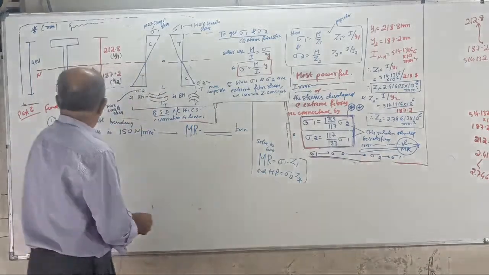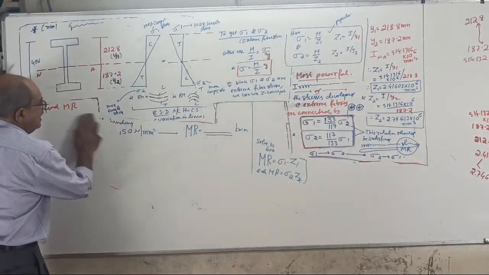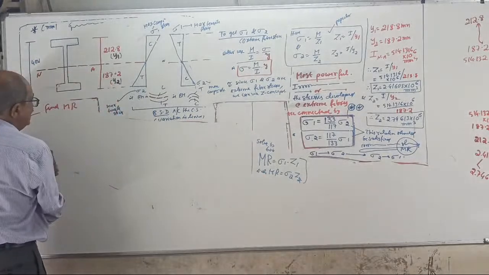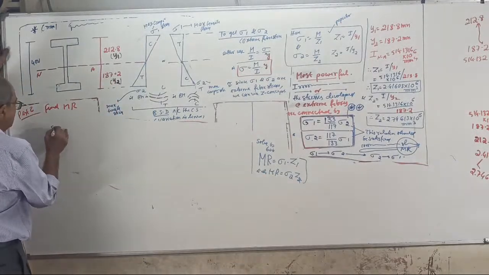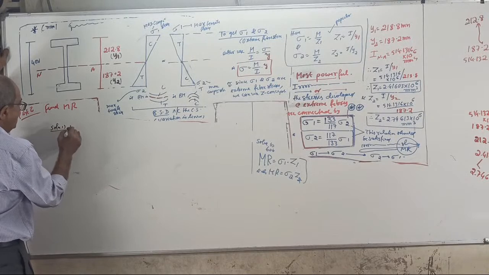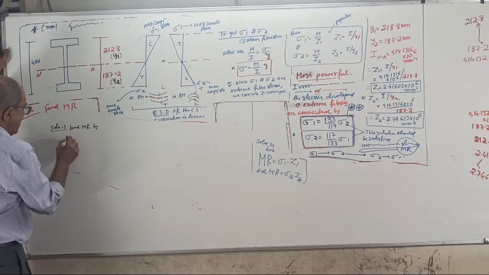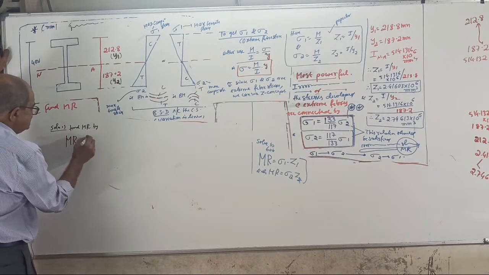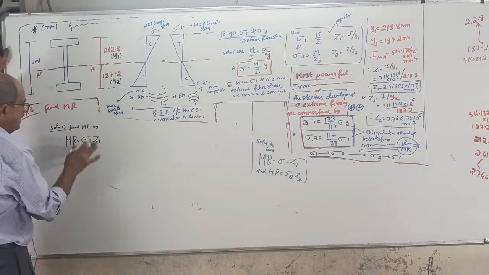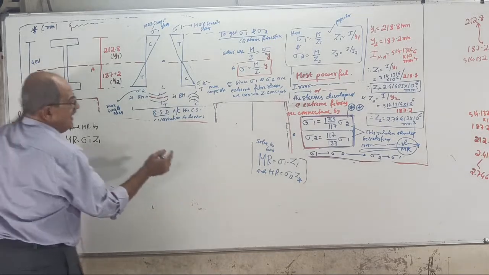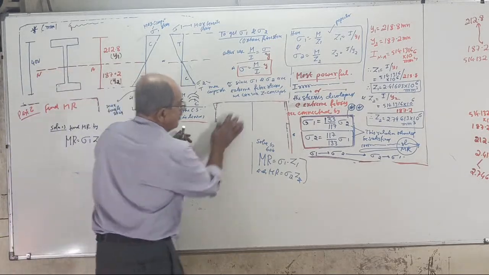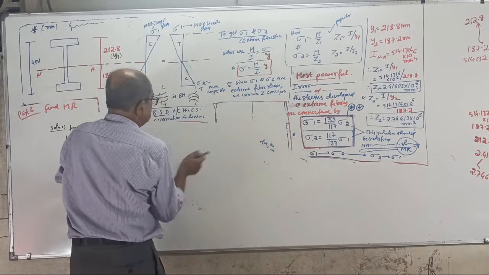See now, find MR. I will write here now. Solution 1. Find MR by MR equal to sigma 1 into Z1. Okay, I will solve it here, and then I will remove this one and put solution 2 here.